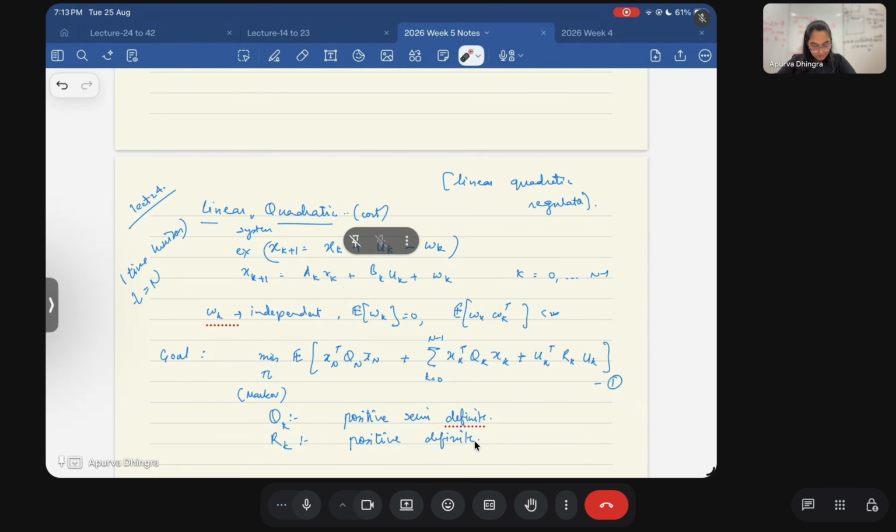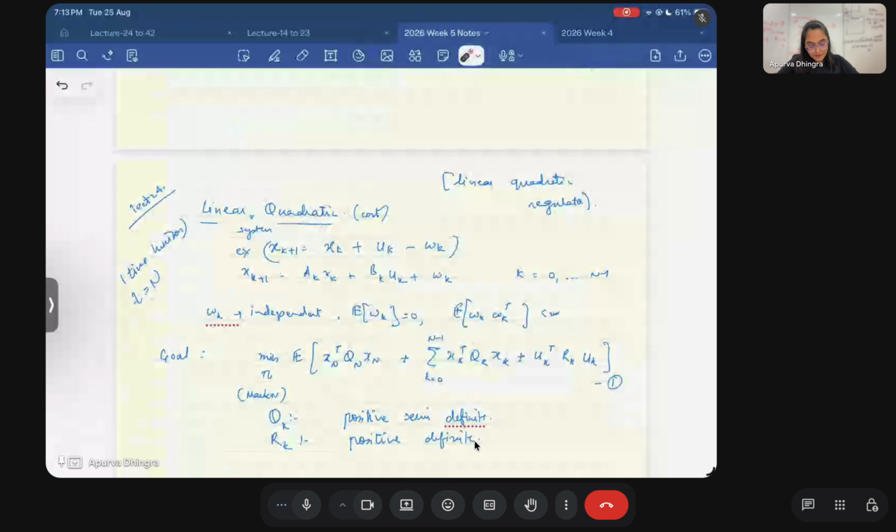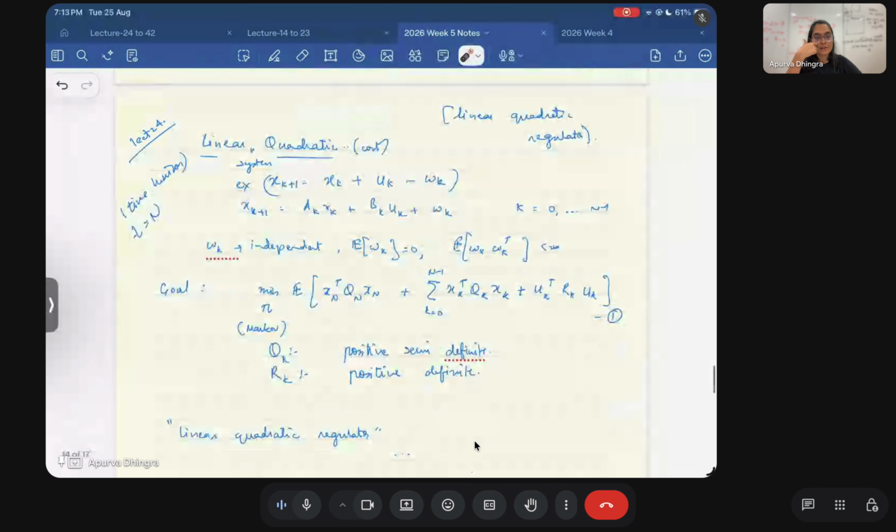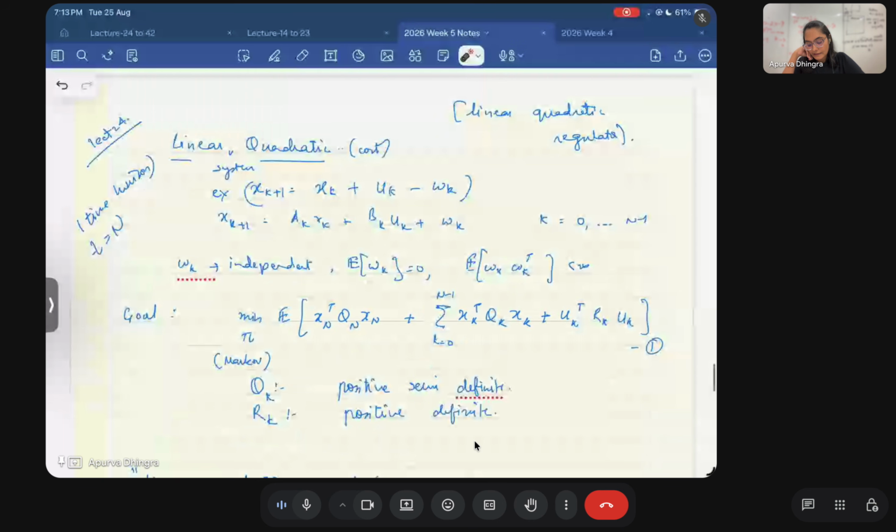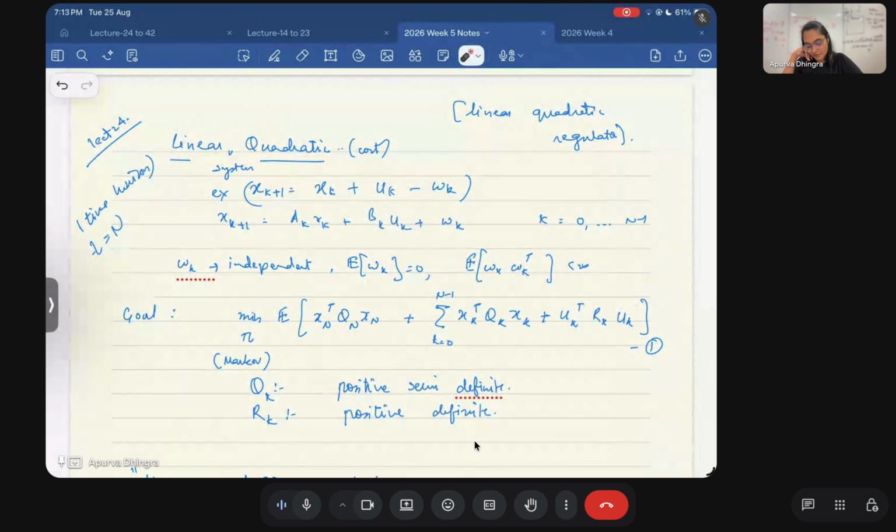Okay, so now let's continue with another kind of example where DP can be used to solve the stochastic control or MDP problem. This one is called the linear quadratic system. We are again assuming that there is a time horizon.